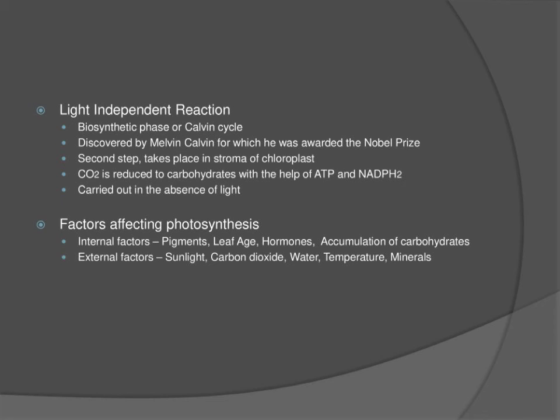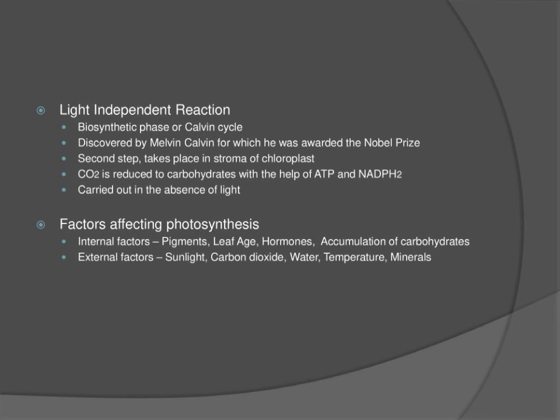So carbohydrates are getting formed in this reaction, so it is called biosynthetic phase. It is also known as Calvin cycle because it was discovered by Melvin Calvin, for which he was awarded the Nobel Prize in the year 1961.